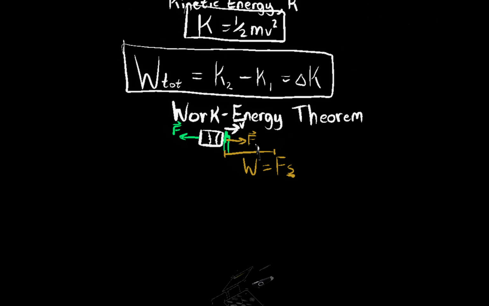If you move your hand back through this displacement S, then you're maximizing this S value, and therefore you're minimizing the force that's being applied to you because the work is the same.